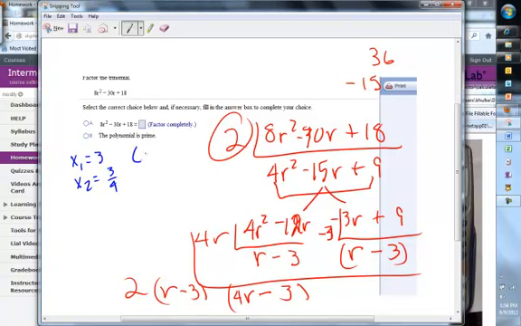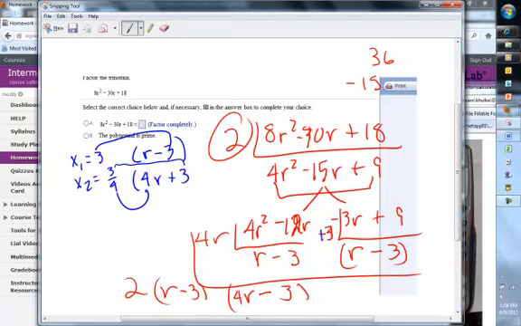So the only factors it gets is r minus 3, this number goes at the end, and 4r plus 3. Oh, this should have been a plus here, sorry about that. No, minus 15r.